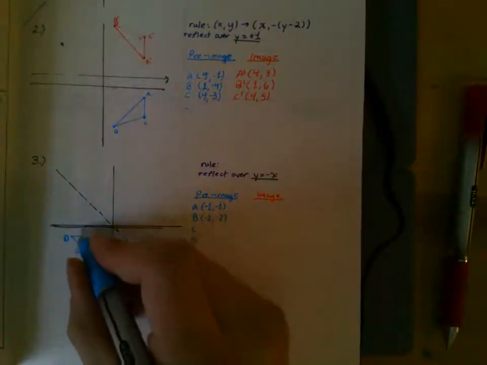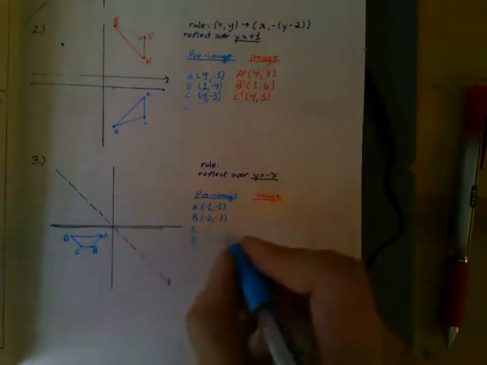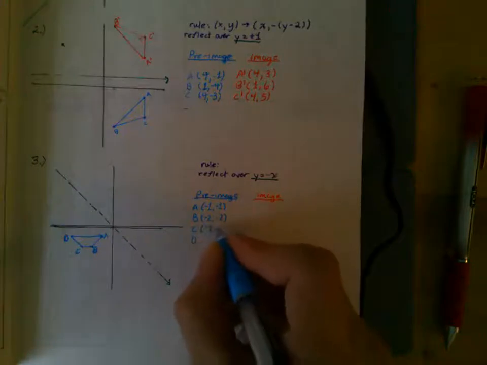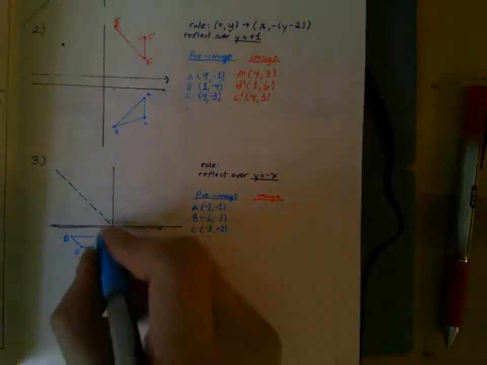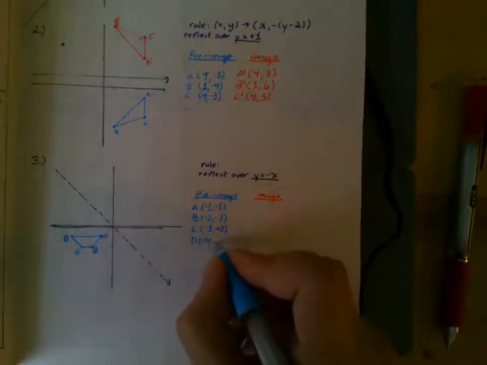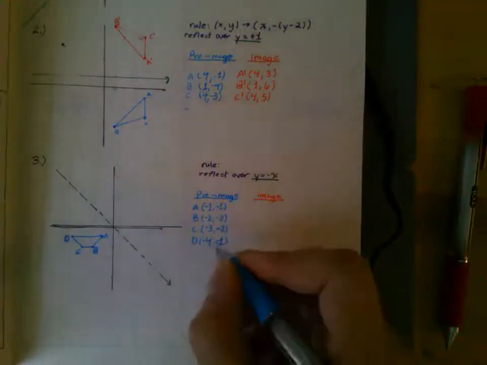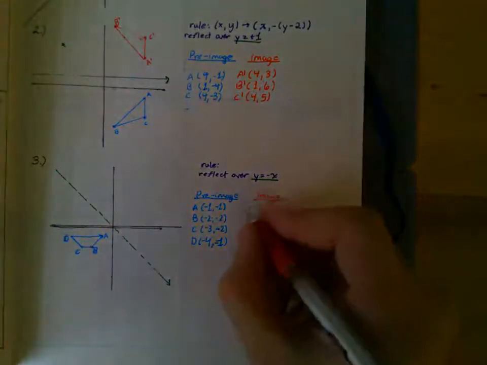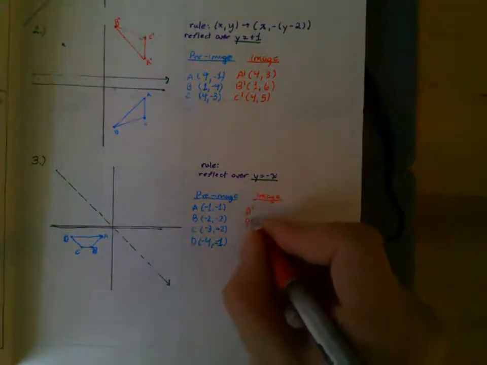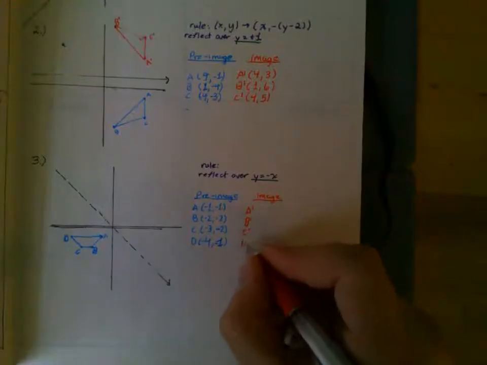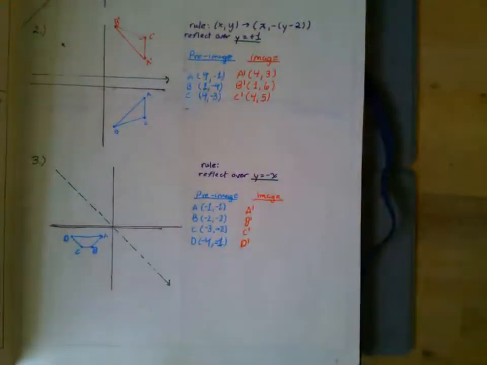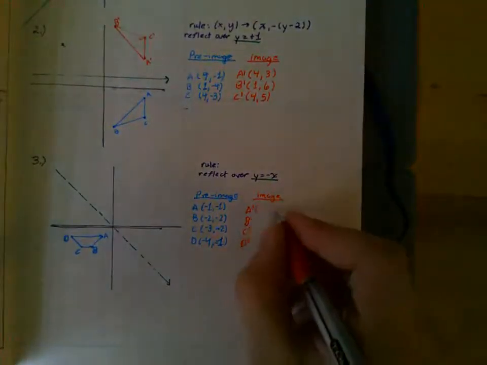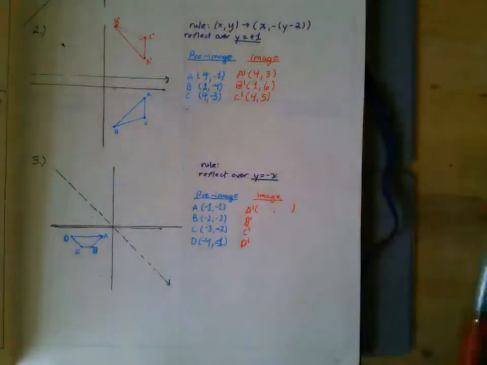C is at -3, -2. And D is at -4, -1. Okay. So there we go. So my A prime, B prime, C prime, and D prime values. All right, let's figure these guys out.